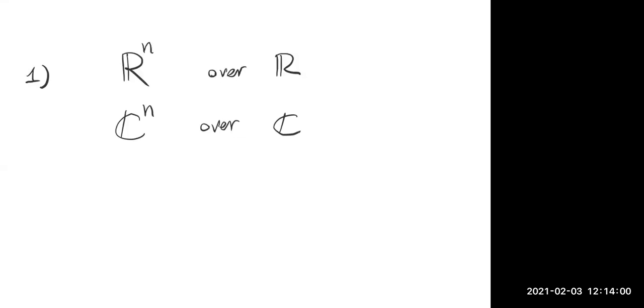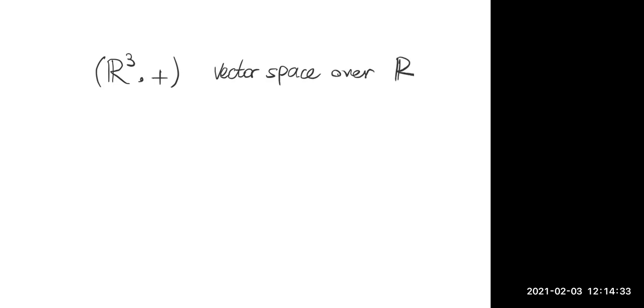Now, there are some more non-trivial examples. Let's look at one example to see if we have a vector space over a field or not. So let's consider R3. We know R3 with its ordinary addition is a vector space over R. Now let's consider a little bit non-trivial example.